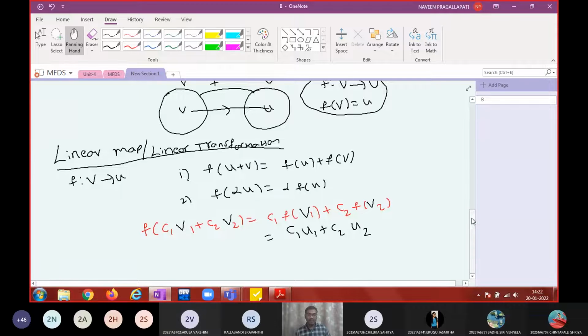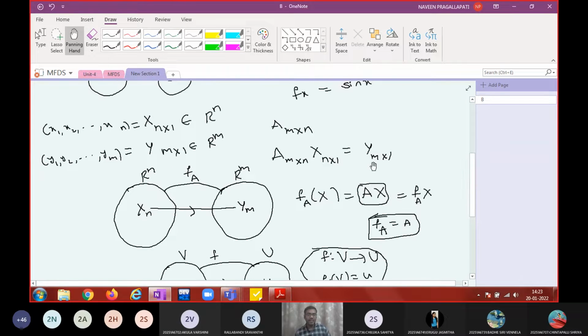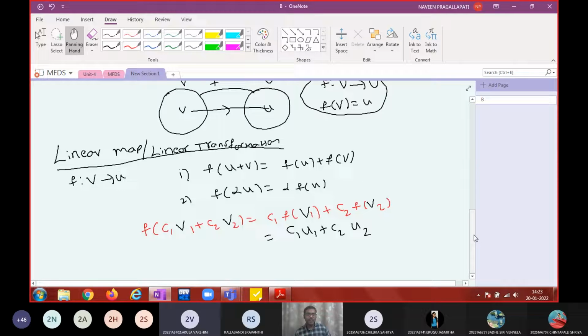Matrices, sir. See, basically it is a function. So how are you defining the function in terms of matrices? We have defined here, no? Yes.